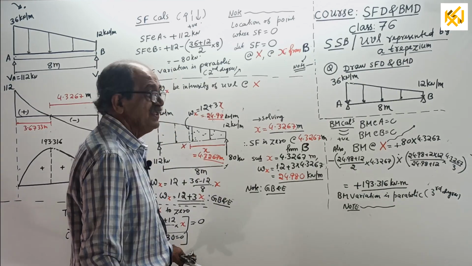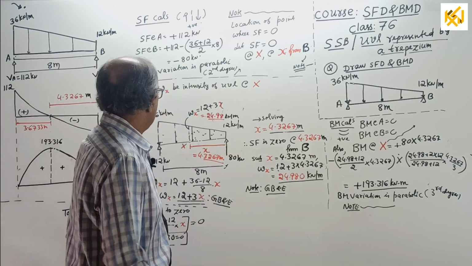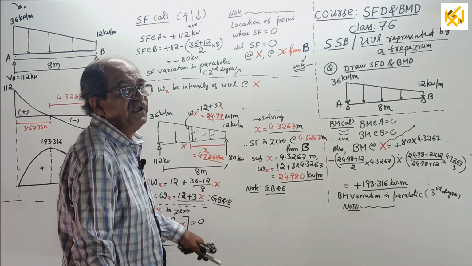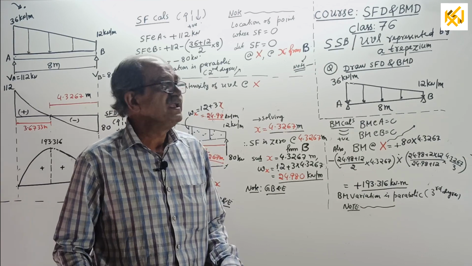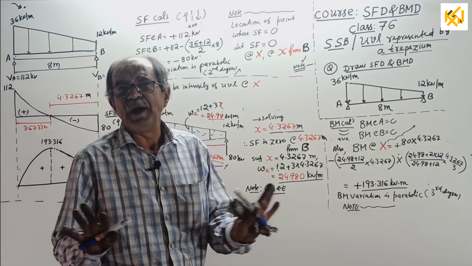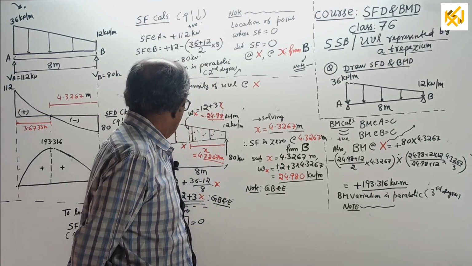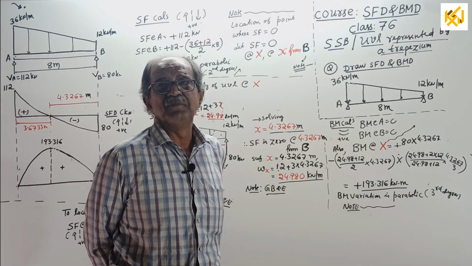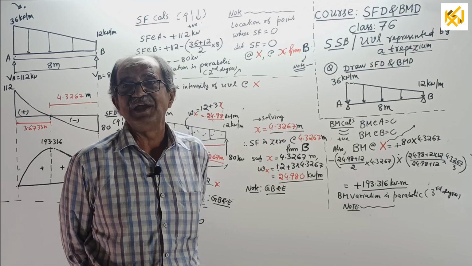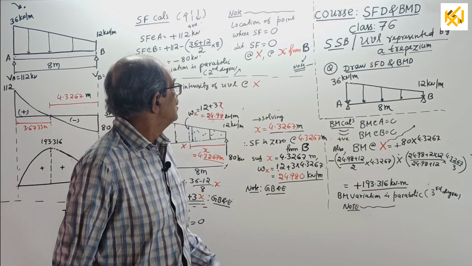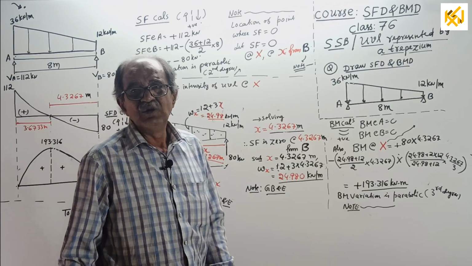When x comes as something else, I already told you x has to come 4.3267. When it is not coming, generally people panic or get a little panic. In my case, no panic. I will just look here. The only chance is some calculation mistake or print mistake, or writing mistake. So rectify it. It will come.